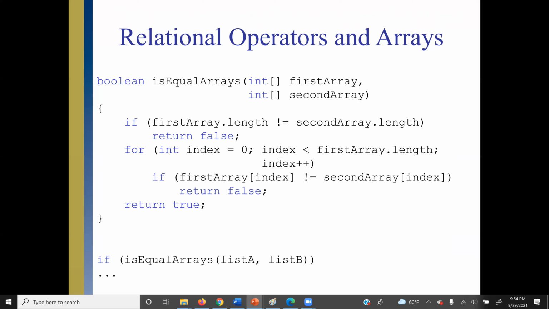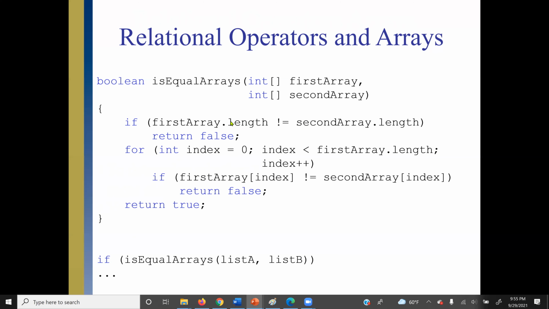So next here we have is equal array method. It takes two arguments. So here our goal is to compare if these two arrays are the same. So it takes two arguments, first array and second array, the same data type. So the first thing we do, we say that if the first array dot length not equal to the second array dot length, this statement we are checking if the two arrays have the same size.